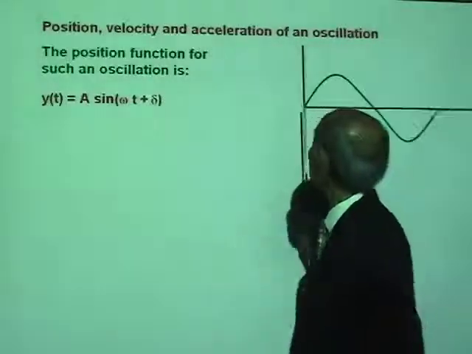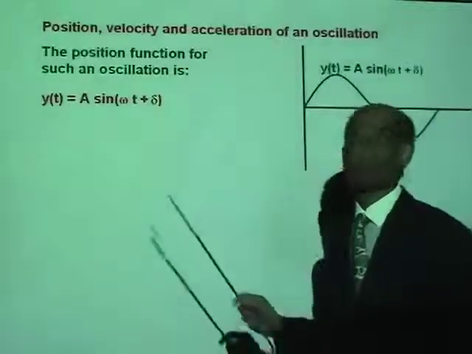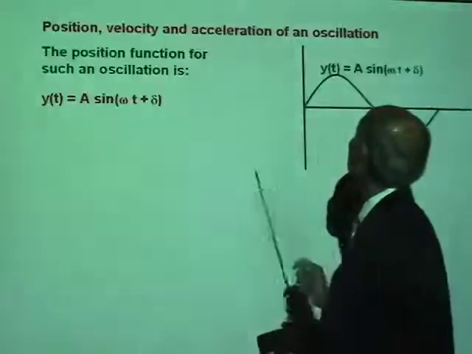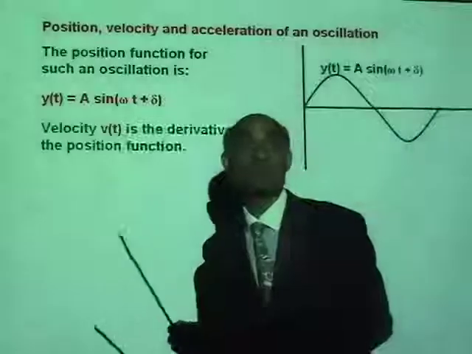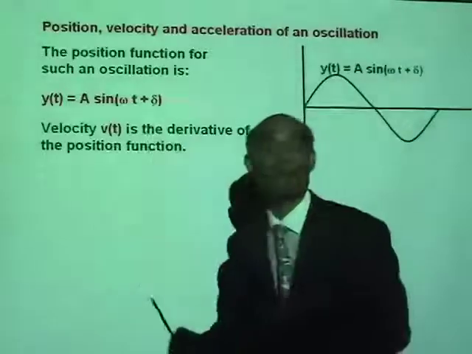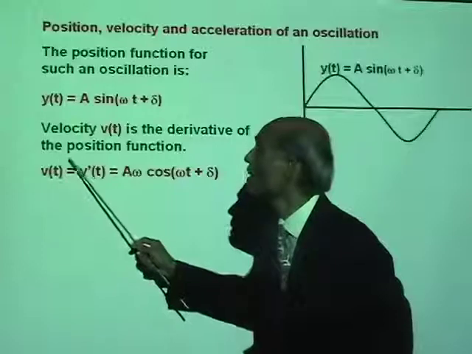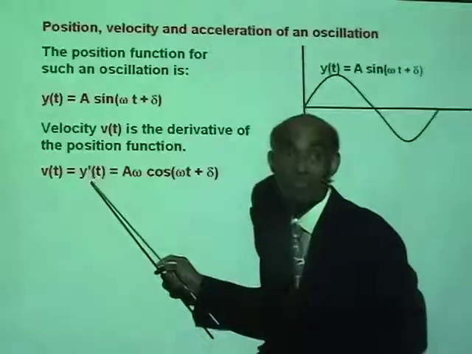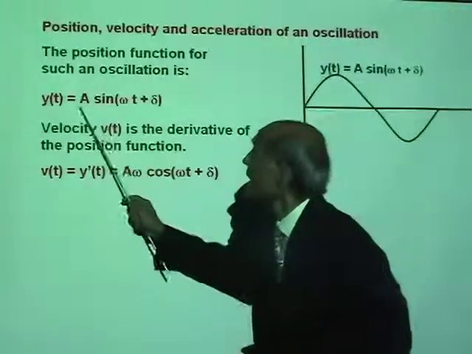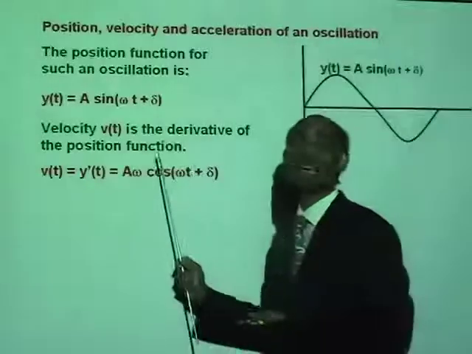Alright, this is the position function, which is a sine function. y of t is a sine(omega t plus delta). Velocity is the derivative of the position function. Therefore v of t is y prime of t, which is a omega cos(omega t plus delta).